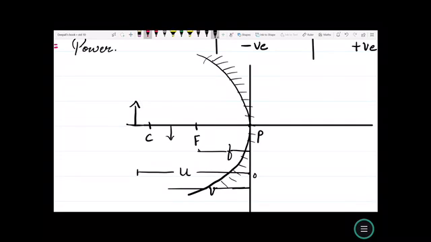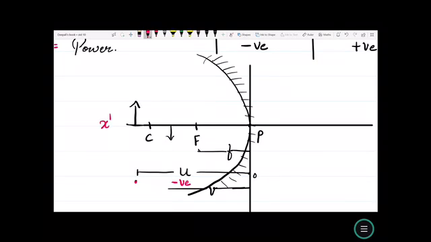Now suppose you want to measure the object distance, that is u, as our object is placed here beyond C, then you will take here 0 and you will start measuring till this point. Now this point will have what type of sign, positive or negative?